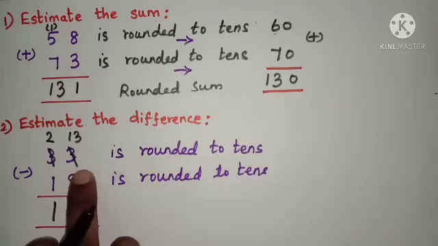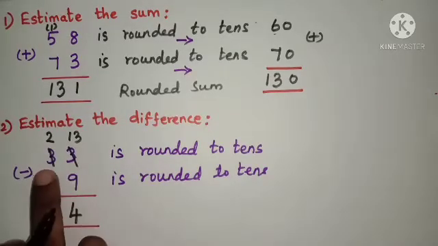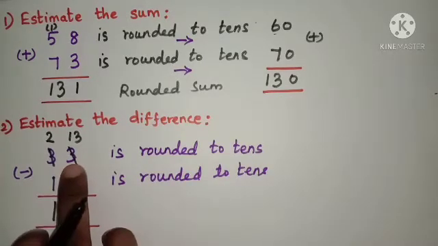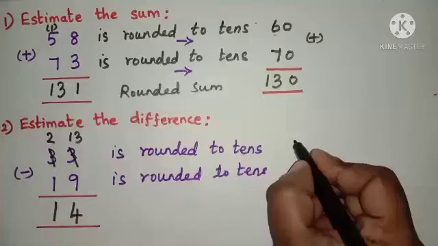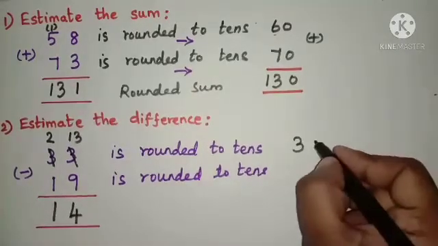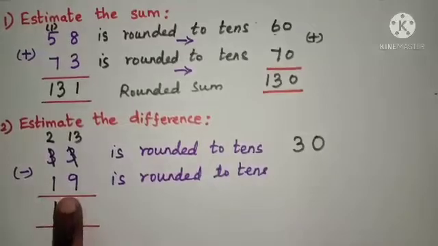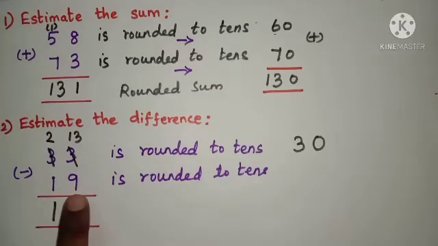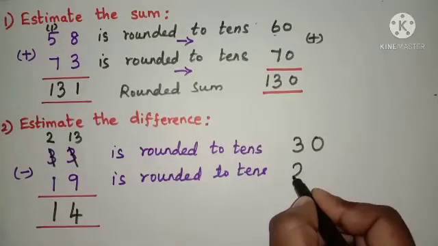If it is less than 5, we need to put the first digit as it is, and the unit digit will become 0. Thus the estimated value is 30. And 19, see the unit digit, yes, it is greater than 5. If it is greater than 5, we need to add 1 to the previous digit, make the unit digit as 0. It becomes 20.